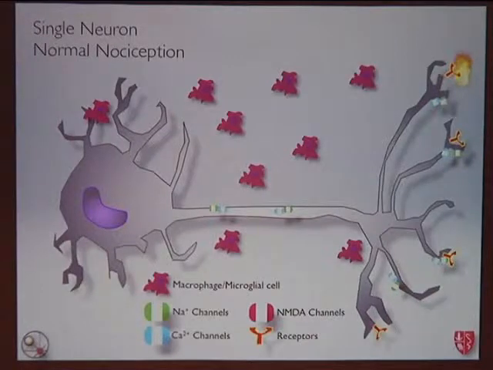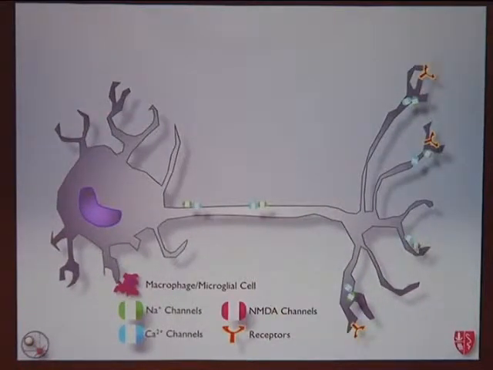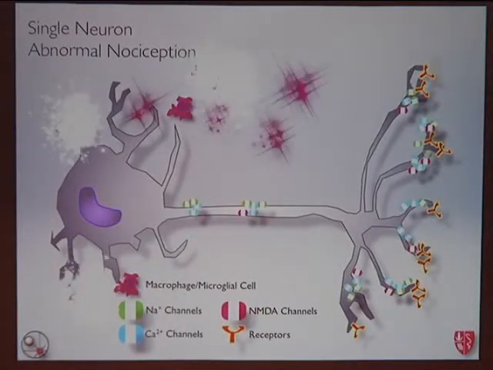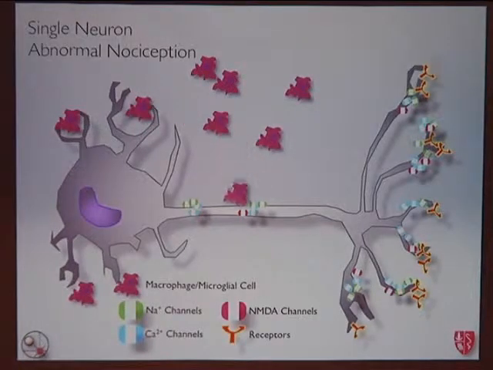Again, very simplistic. I apologize. We have a very sophisticated audience. But in a normal situation, you have X number of these. And so in a chronically nociceptive environment or a neuropathic environment, you have upregulation in the sodium channels, in the calcium channels, in a variety of pain receptors. And that's what neurobiologists and neuroscientists have been finding.